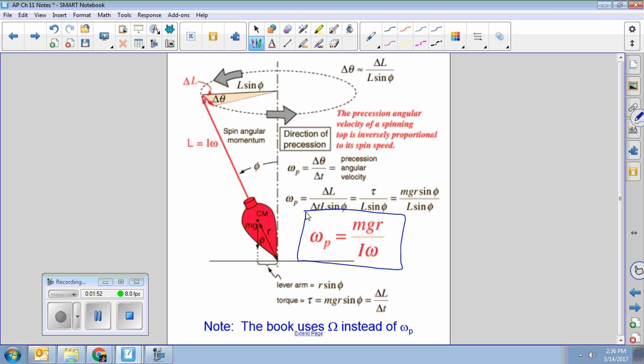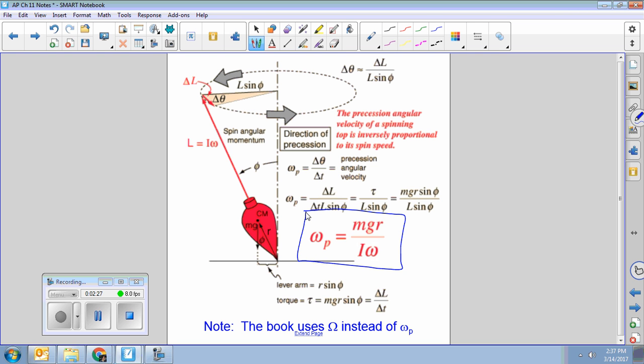R is the distance from the rope to the center of gravity. This term is basically just the torque produced by gravity. Follow? And then divide that by I omega, where I is the rotational inertia of the wheel, and omega is the rate at which the wheel is spinning.